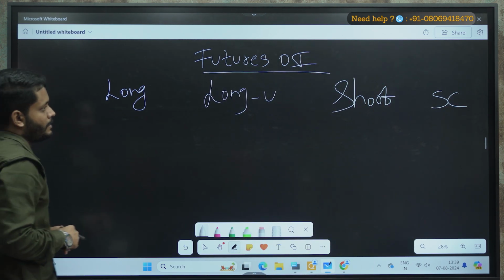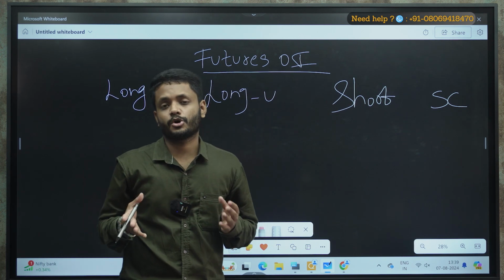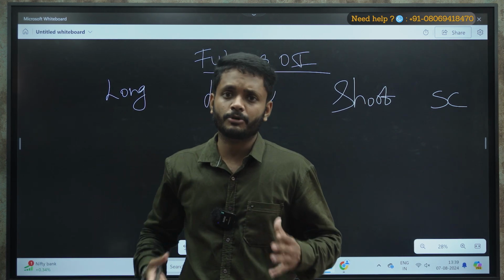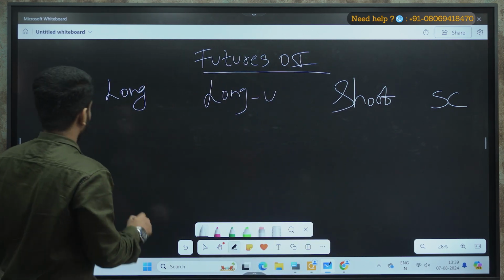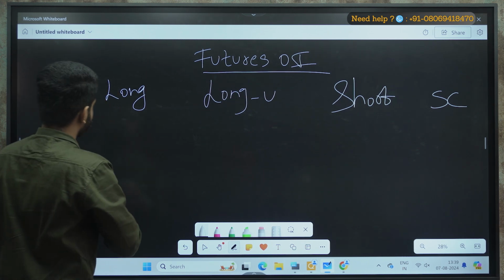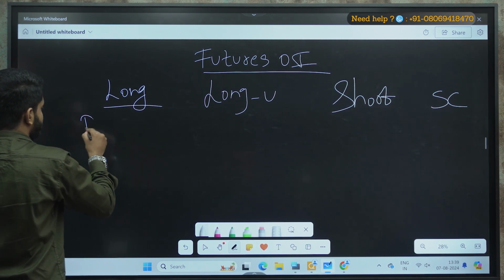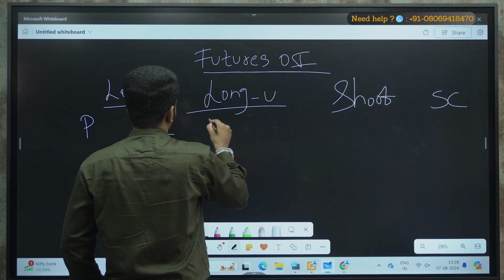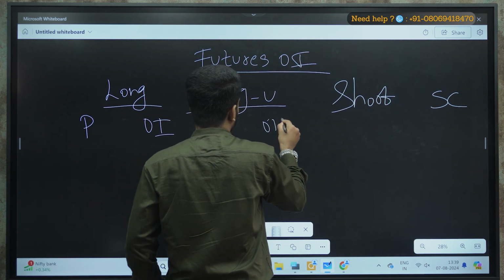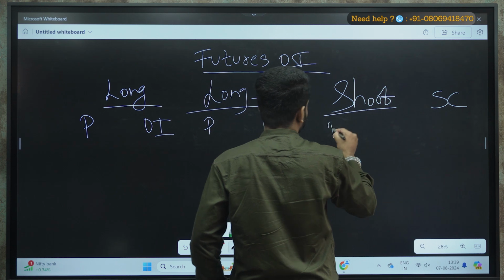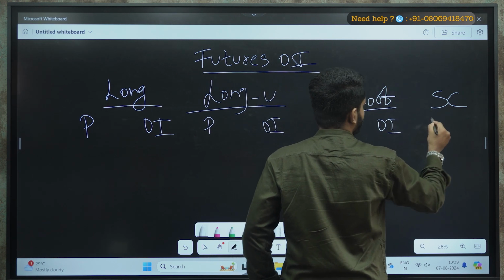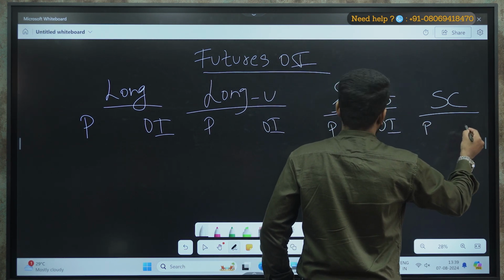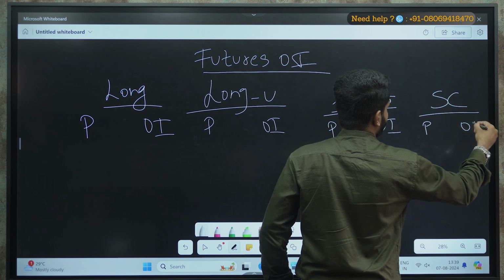Now how to gauge whether a particular stock is having a long built up or short covering? For that we need 2 components, one is price and another one is open interest. By seeing price and open interest, we can conclude whether a stock is following long built up, short built up, short covering or long unwinding.